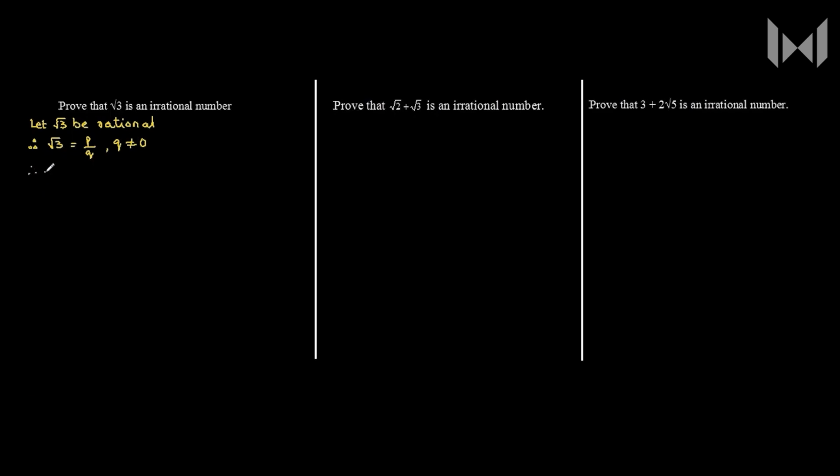So we have root 3 times q is equal to p, and then we square both sides. Squaring, we get 3q square is equal to p square, and therefore p square is a multiple of 3, and therefore p is a multiple of 3.